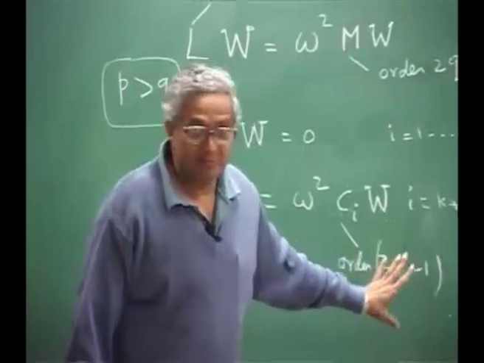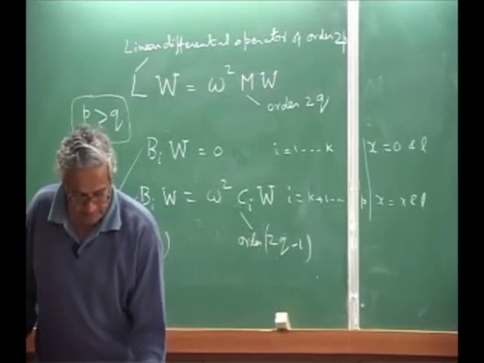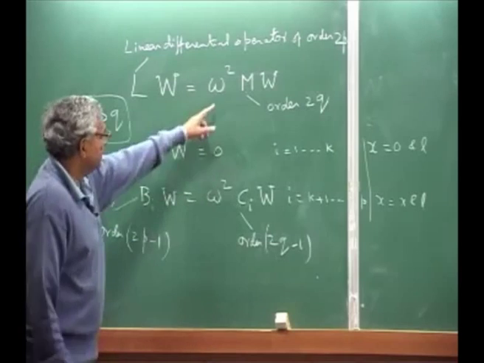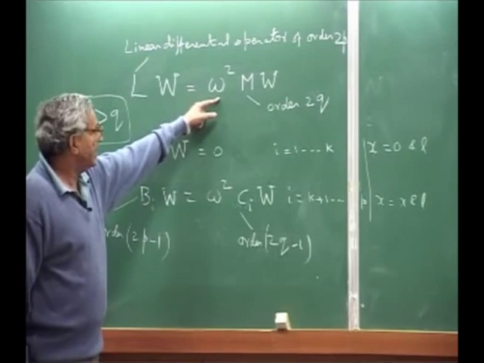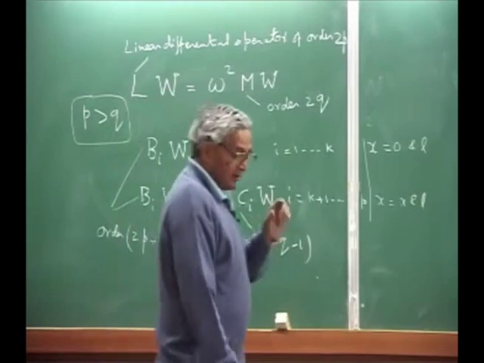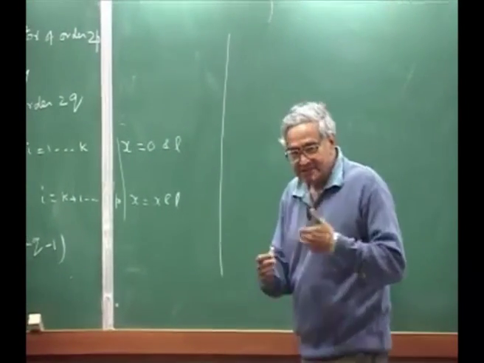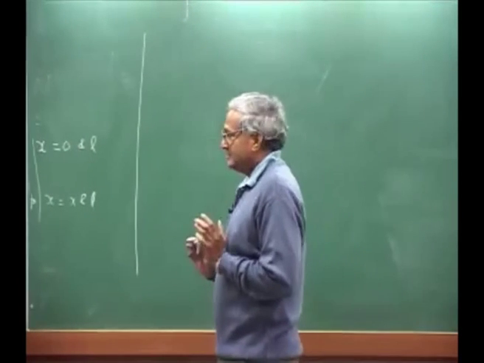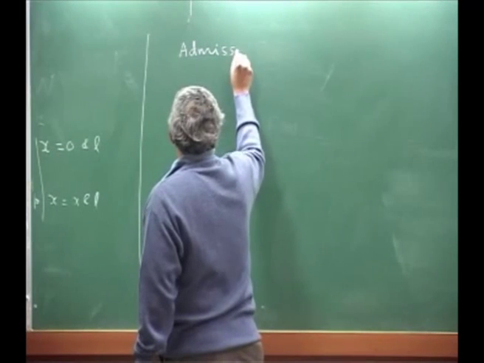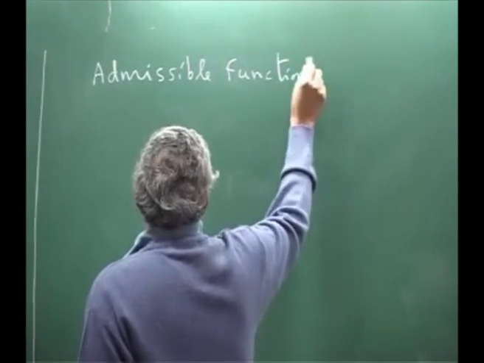Now this is our general problem. We define, our idea is what? We need to get the solution omega square and w, which is a function of x. There are different types of functions. We will first define them, like admissible functions. Okay.